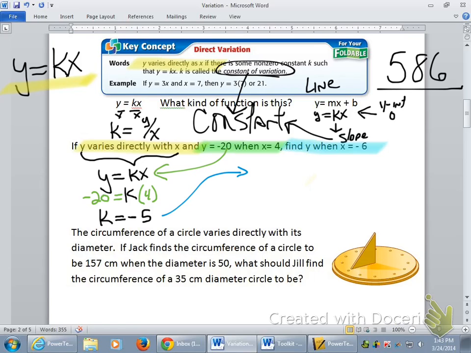I'm going to rewrite my equation. Remember, y equals kx, but now don't I know k? Yeah, now I know k, so I'm going to plug in that k is -5, and didn't they also give me x? So is it possible to find y? Easily. So all you're going to do is multiply, and y equals +30.